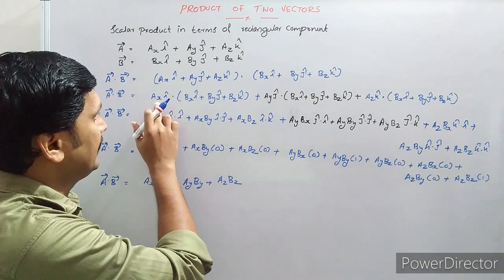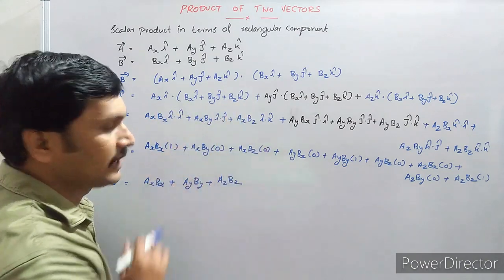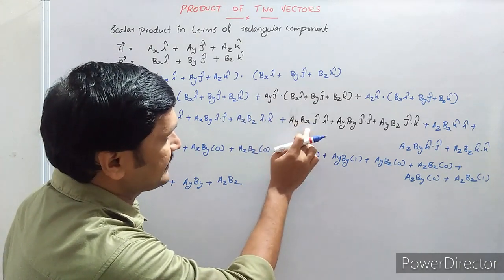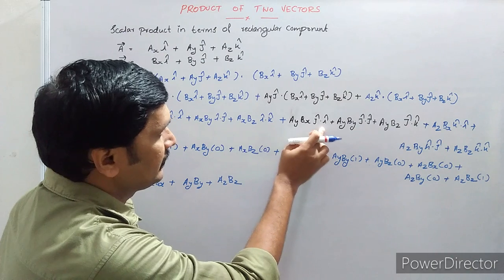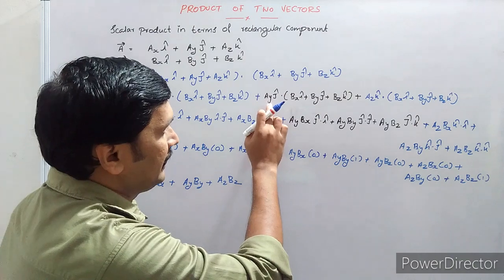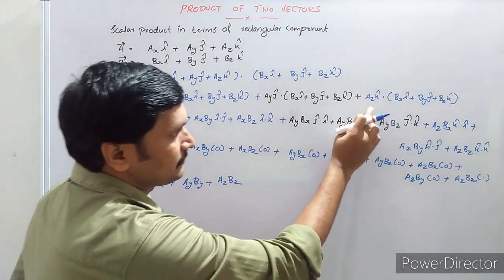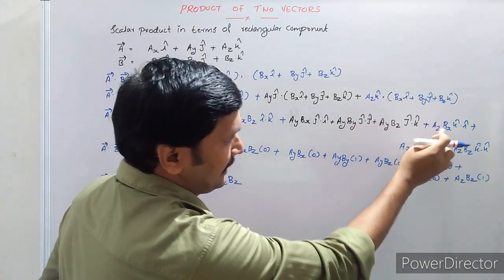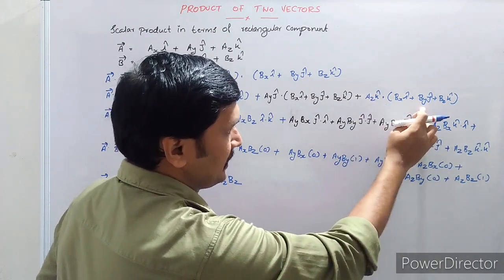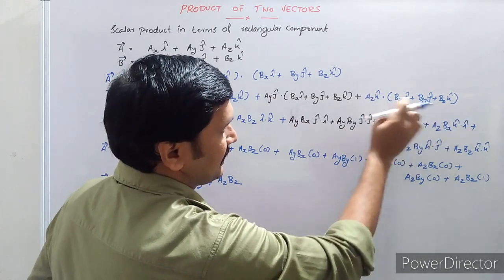Third term Ax into Bz I dot k, plus Ay into Bx j dot I, Ay into By j dot j, Ay into Bz j dot k. Okay, the next term Az into Bx k dot I, Az into By k dot j, and Az into Bz k dot k.